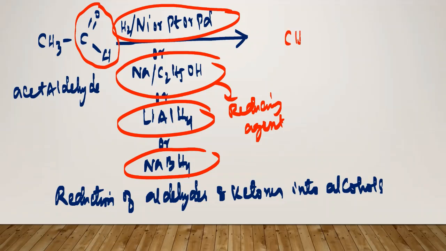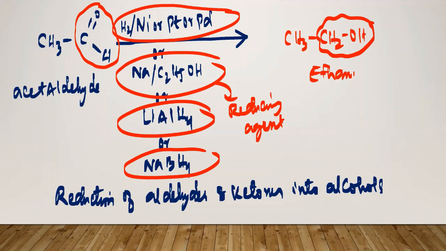The aldehyde will be reduced to the alcohol. You will get CH3CH2OH. That means you are reducing the CHO group to CH2OH. So I am getting ethanol here. So the aldehydes and ketones can be reduced to alcohols by using reducing agents.